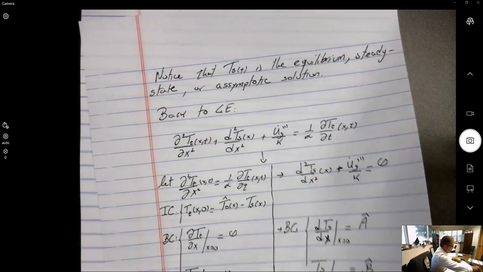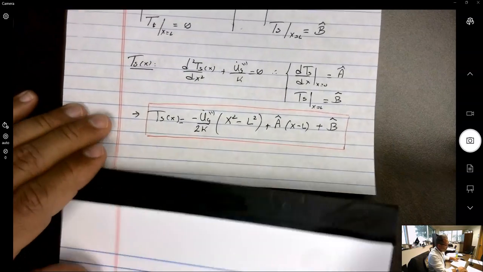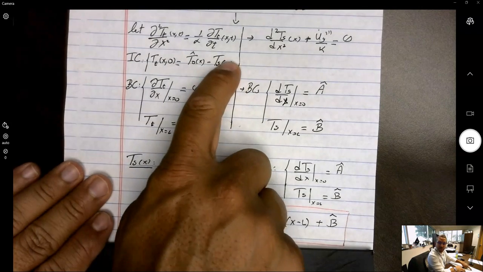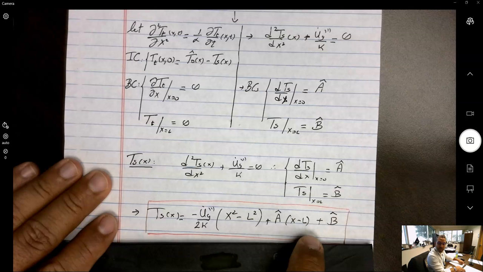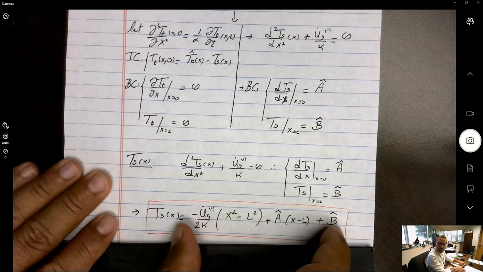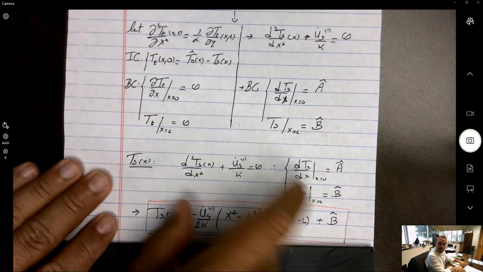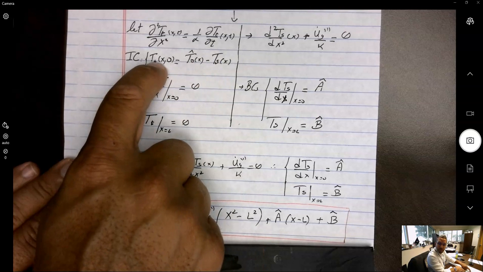What else? Now we need to solve the transient problem, but the transient problem, as you can see, is directly solvable. Now that we know the steady solution, this is what would happen at time equal infinity, right? This is the asymptotic solution of the problem given by this generation and this set of boundary conditions. And that solution will also come into play in the initial condition of this new transient problem, Tt.